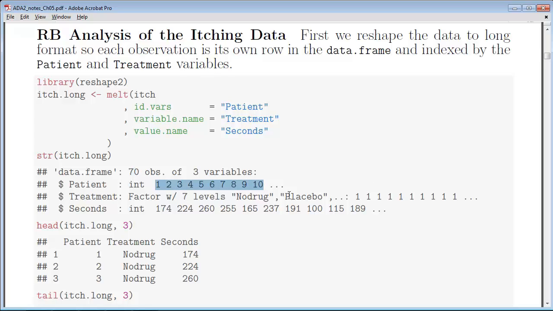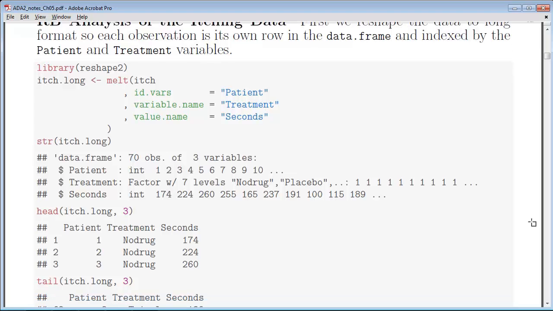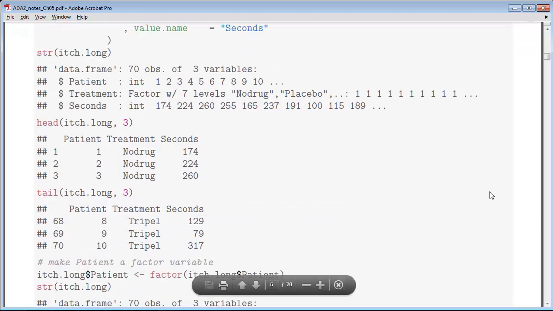We have each of the treatments there, and then we have the seconds, that itching that these poor boys had to suffer. I guess they're men. All right. So let's just look at the first 3 and last 3 observations, okay? So last 3 observations, patients 8, 9, 10 on the last treatment.